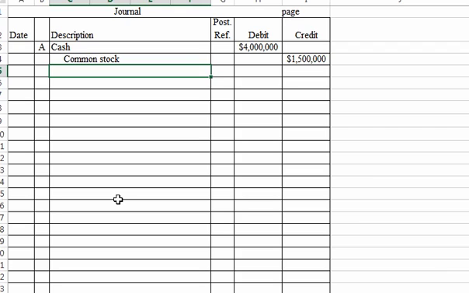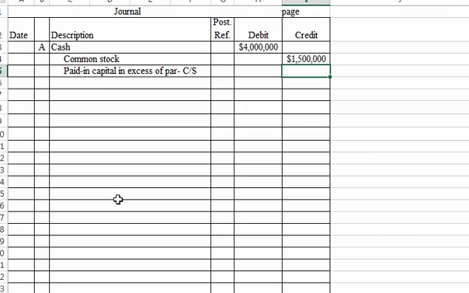Then that difference, the excess received above par value, which in this case comes to $2.5 million, is going to be used to increase the account paid in capital in excess of par, dash common stock. And I'll abbreviate common stock there, of course.